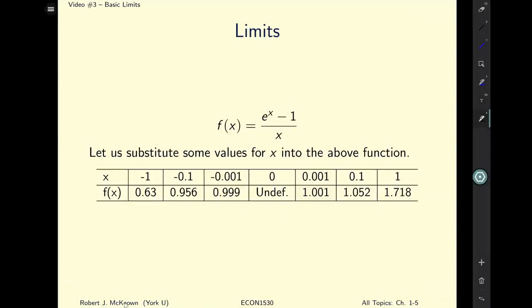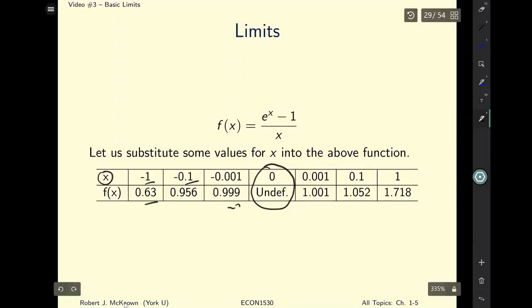If we plug numbers in to this function and calculate the value, we can see that we don't know what it is when x is equal to 0, but if we've got x equal to -1, it's 0.63. At -0.1, it's 0.956.